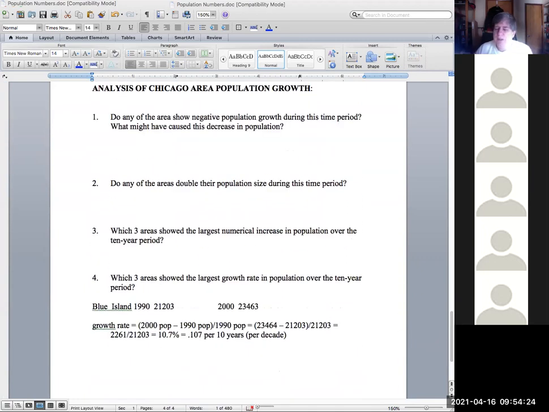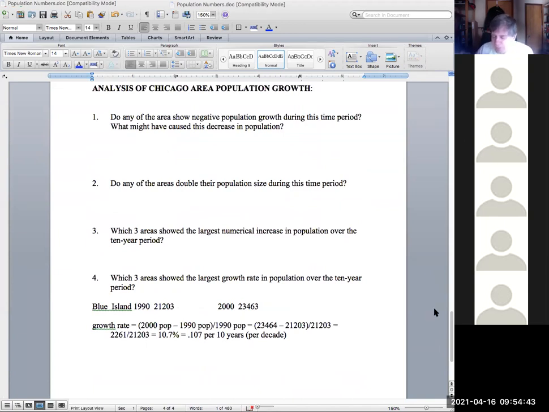For this last one, you have to find the 3 that show the largest growth rate. Notice that won't necessarily be the 3 that have the largest numerical increase. So don't just take your answer for number 3 and transfer it over to number 4.